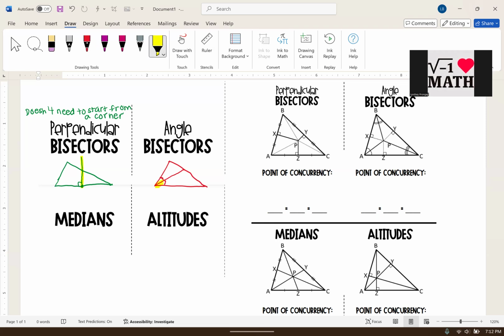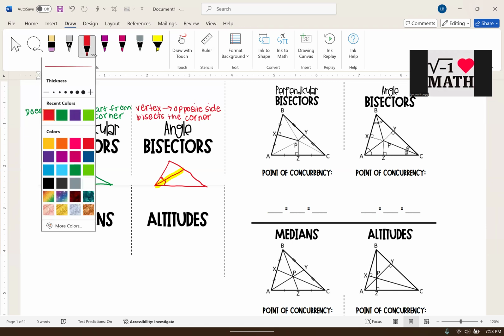Once again, there would be three of them because there's three corners of the triangle. For this one, it does go from the vertex to the opposite side, and it bisects the corner angle.